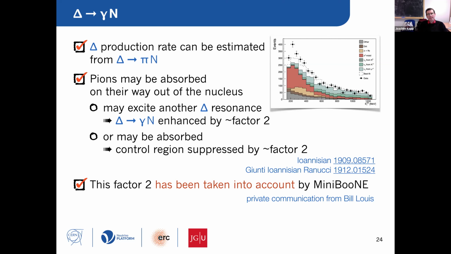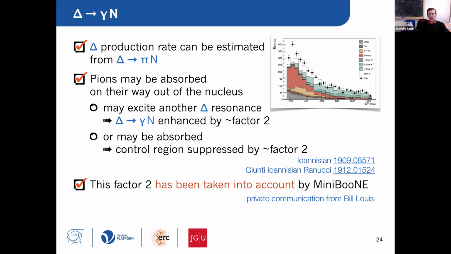So by doing an analysis on the pions in MiniBooNE, we can in principle measure the rate of delta production. Now that sounds easy, but in fact, there's a lot of complicated physics involved that has to be taken into account. And that's because this delta resonance is not produced just in vacuum, but it is typically produced inside an atomic nucleus. That means that as that pion from the delta decay travels out of the nucleus, several things can happen to it.